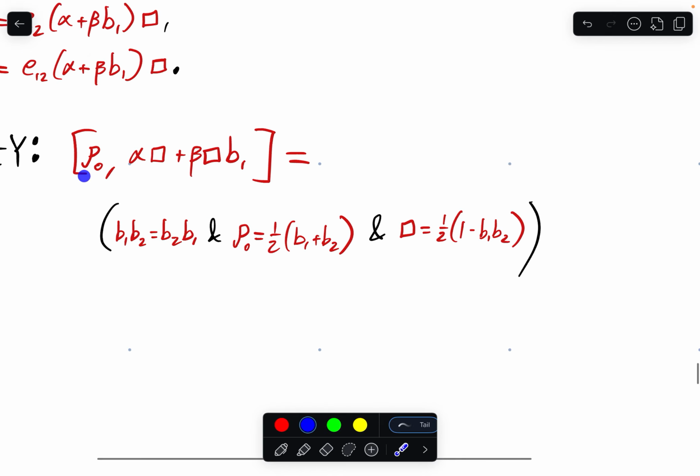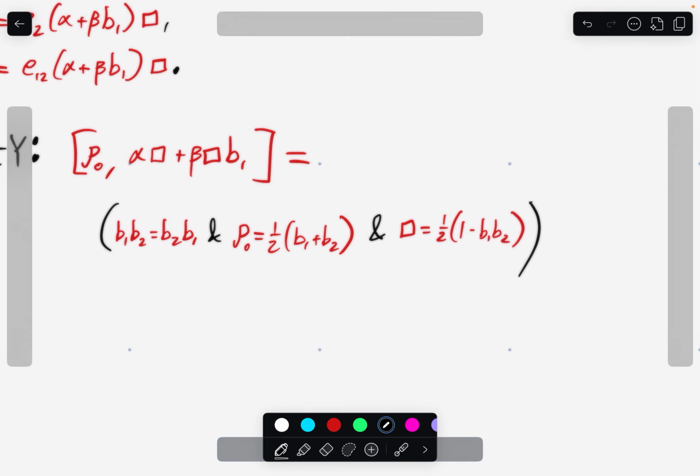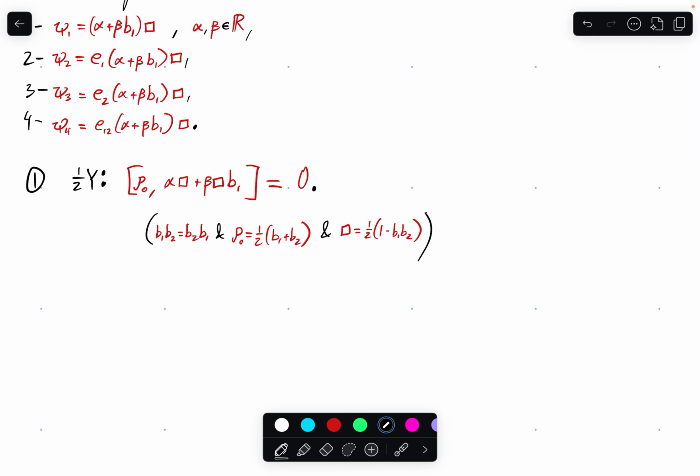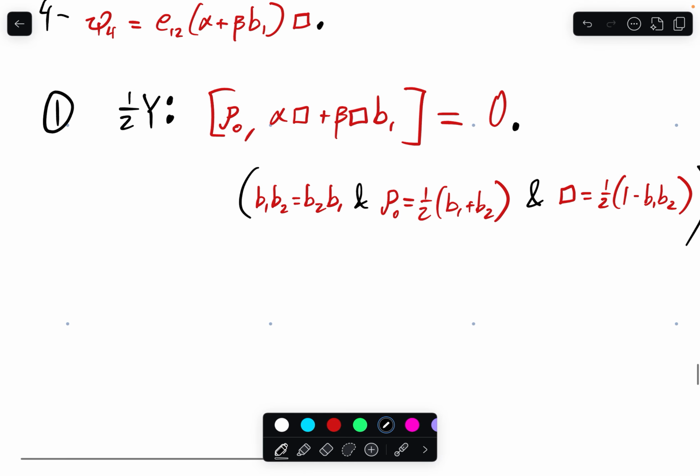Because rho naught is comprised of b1s and b2s and they commute, rho naught must commute with box and must commute with b1. So this whole commutator must be 0. And likewise, it ends up being the exact same reasoning for isospin.